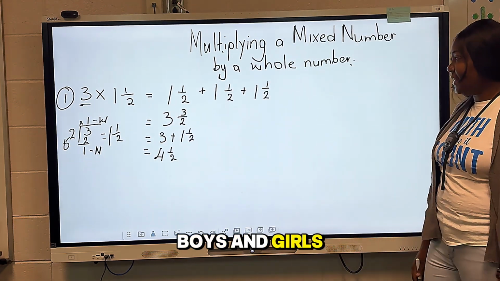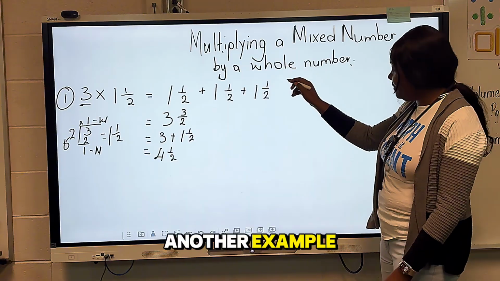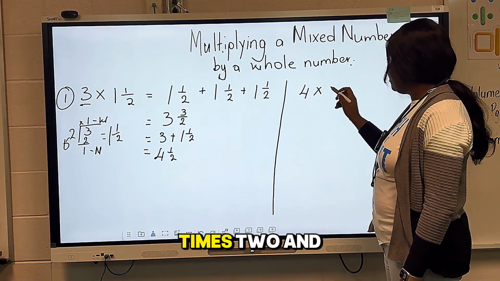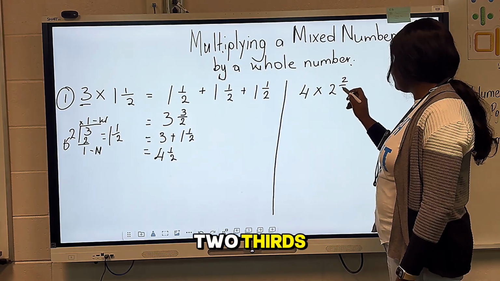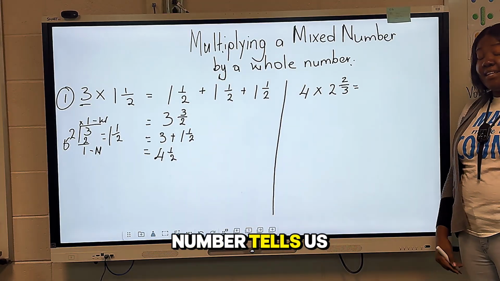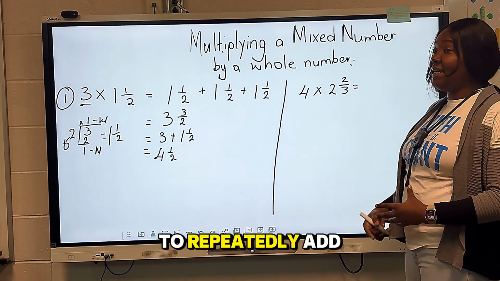How is that, boys and girls? Let's look at another example. Let's do 4 times 2 2/3. Remember, our whole number tells us how many times to repeatedly add.